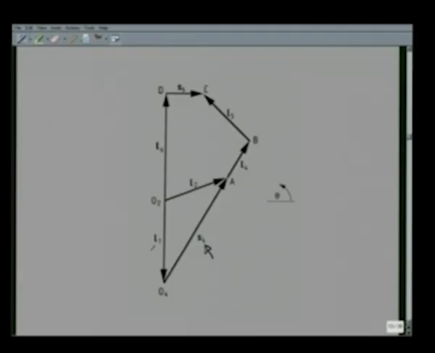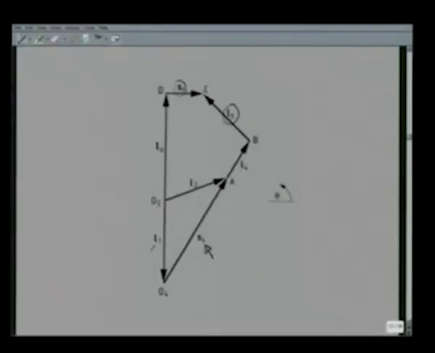Similarly, the slider displacement we represent by another vector S6, and O4B is the other link 4, that is the link vector. L5 is another vector representing the link BC, that is the fifth link.